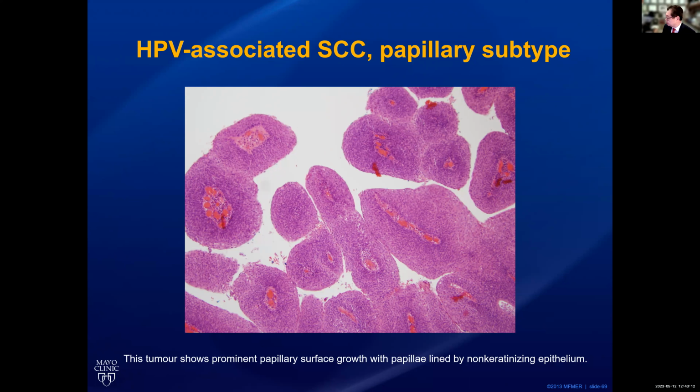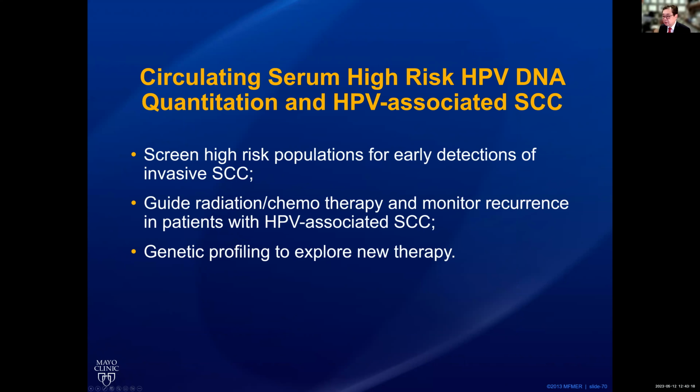Now, the next one I want to spend some time on is, we know the morphology, we know how to detect the surrogate P16 and the guideline, and the HPV DNA, RNA, high risk, low risk, but circulating plasma/serum HPV DNA is getting very popular.